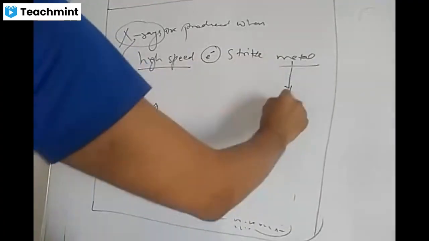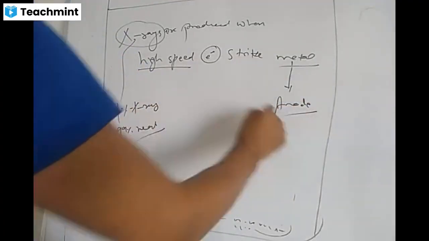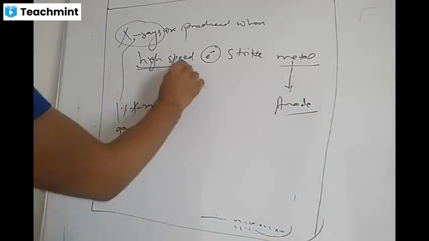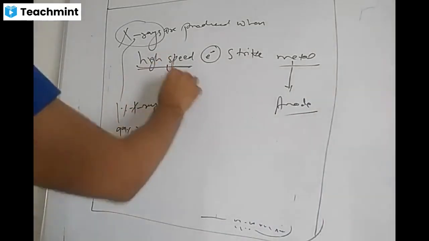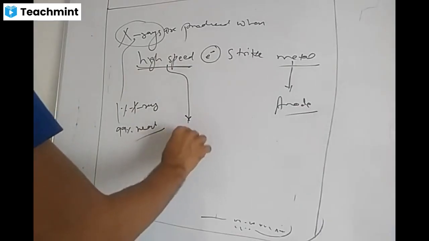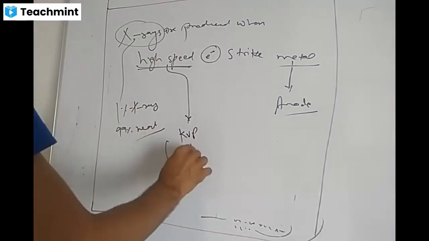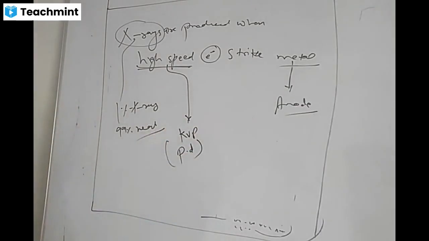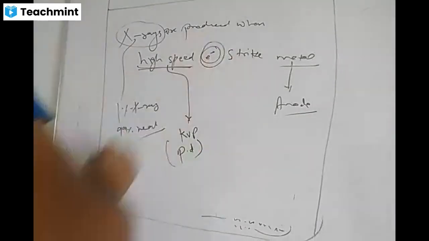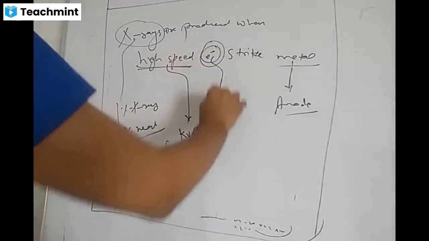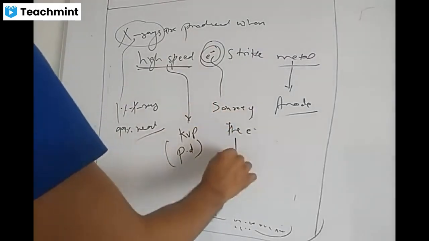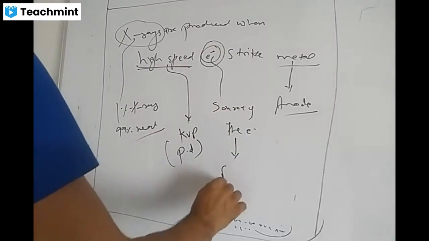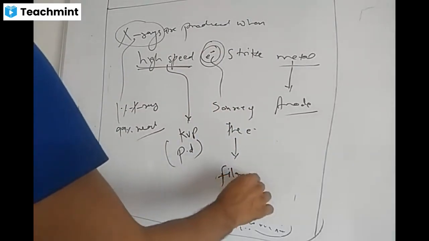So what is the metal? We have the anode. High speed. What is the meaning of this high speed? High speed is because of your kVp, because of your potential difference, voltage difference. What is the source of the electron?